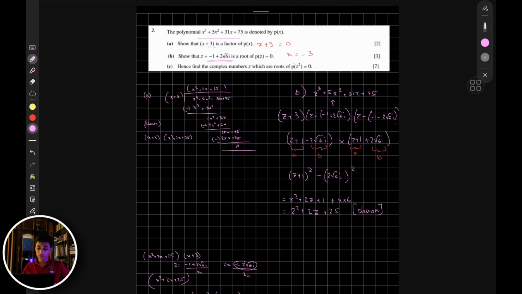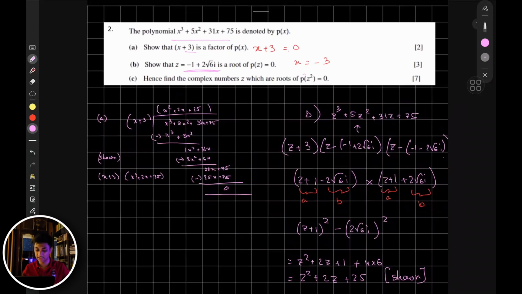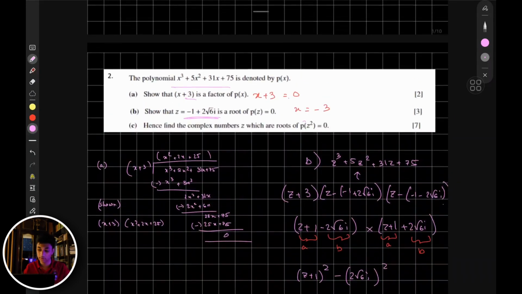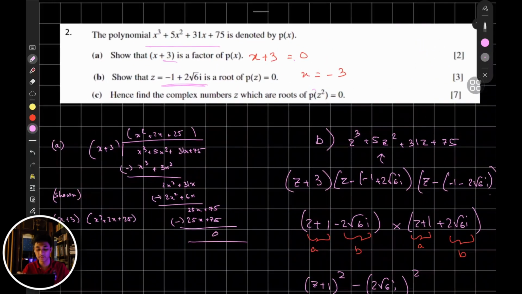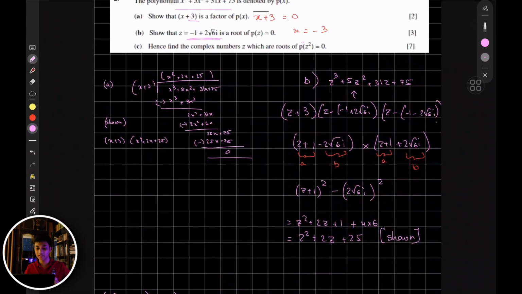Great. So now is the stinky part. See, this is insanely long, unnecessarily long. Basically they're telling you to find the complex numbers z which are roots of p of z square.